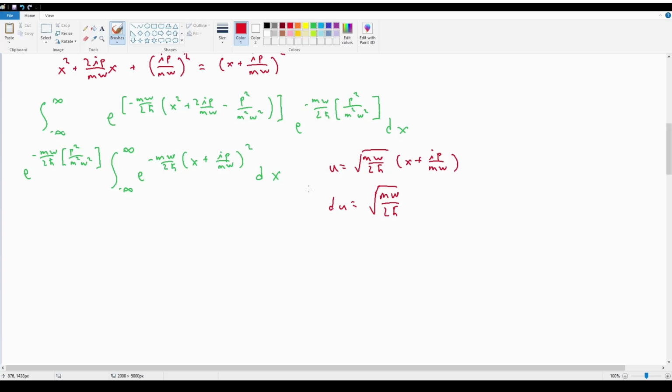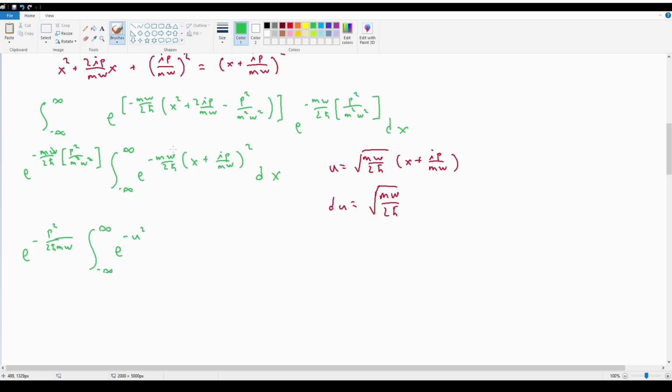And from that point, if I pull this back into this integral, that front term, let's write it out in a slightly simpler way. This is going to be e to the power of, so this omega and this m cancel with the square terms, e to the power of negative p squared over 2h bar m omega, times the integral from negative infinity to positive infinity of e to the power of negative u squared.